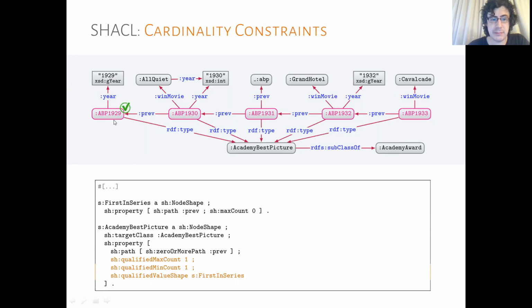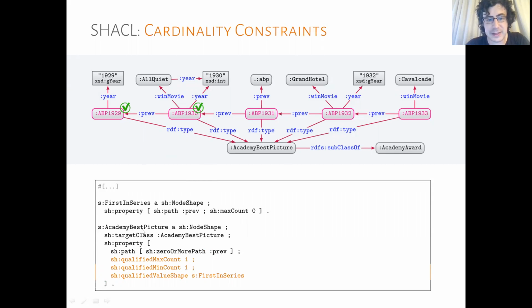Like we said, it's the only node here that's in a path of 0 or more previous itself, and it has 0 previous, so it satisfies this shape. So it has precisely one node that satisfies first in series from a path 0 or more prev. What about this case here? It itself doesn't satisfy the shape because it has more than one previous edge, but this one here counts as 1, so also is satisfied.